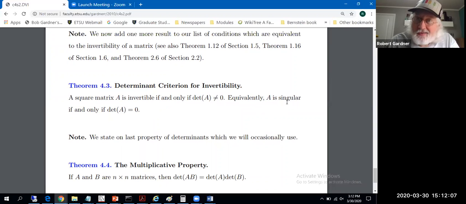The center of a black hole is called a singularity. But singular is bad. So a matrix is not invertible, it's singular, if and only if the determinant equals 0. Determinant equals 0 is bad. Determinant non-zero is good, in the sense that non-zero determinant means invertible matrix. Zero determinant, non-invertible matrix.